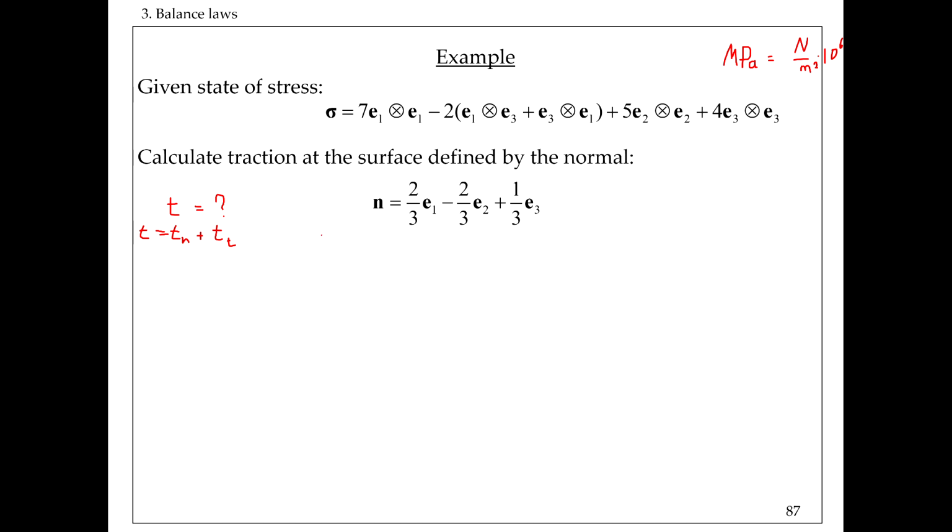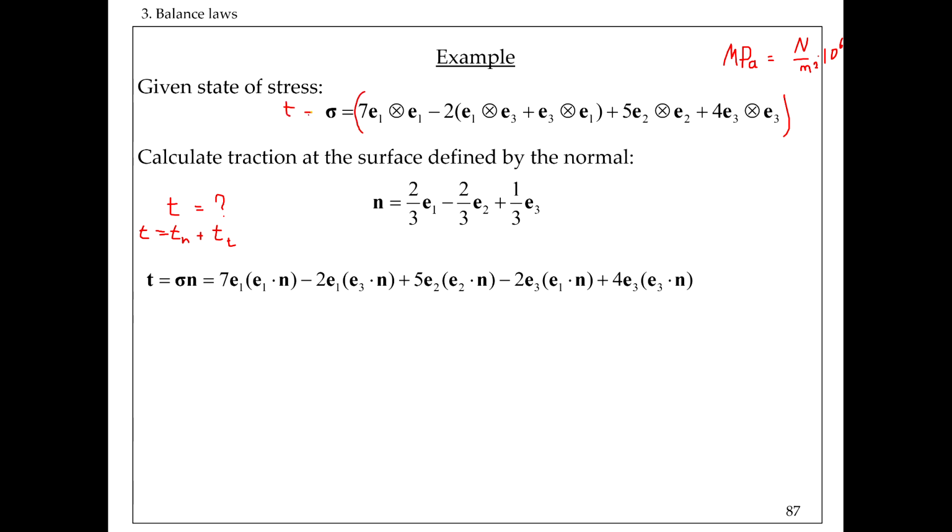Obviously, what we are going to do here is simply use our Cauchy theorem, which says that the traction is nothing but the multiplication of sigma by n, the dot product. So we write the sigma and multiply it with n from the right, to make it t.